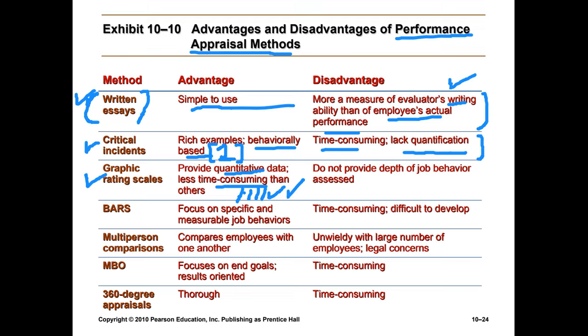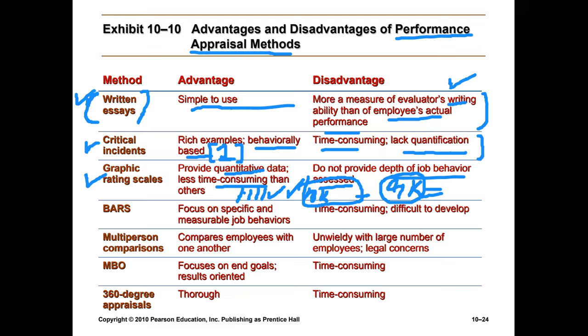But in reality, it does not provide depth of the job behavior. If it is based on numbers, like this person has done 10K units of production while the other has done 9K units, it does not give us the right understanding of what has gone wrong. There can be numerous other factors.